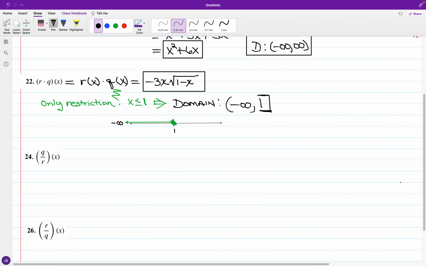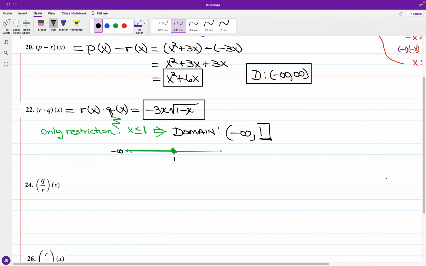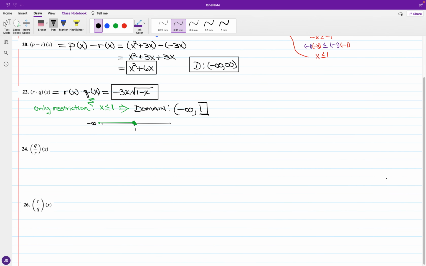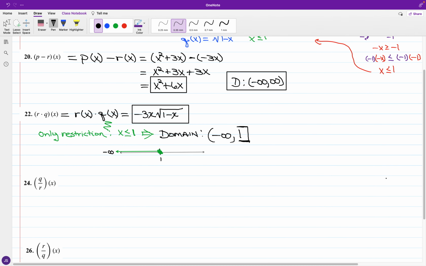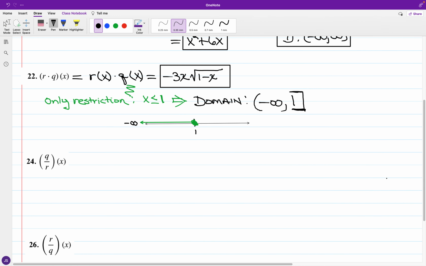Now, in the case of 24 and 26, those are interesting, especially in looking for the domain. Now for q over r of x, again, you have a couple of quotient functions. And again, we have here q of x over r of x.